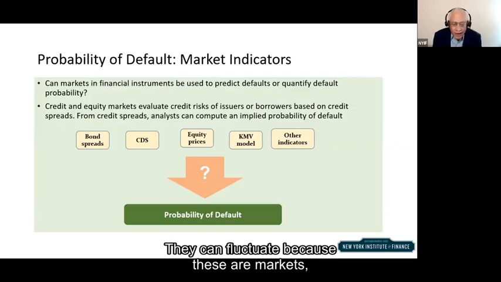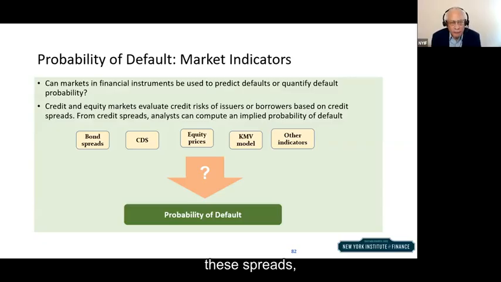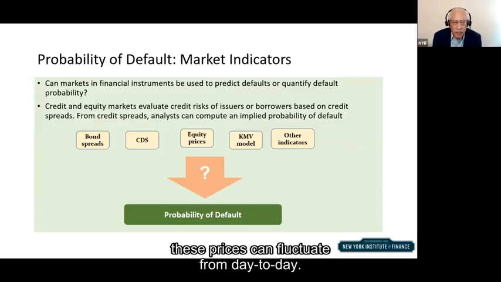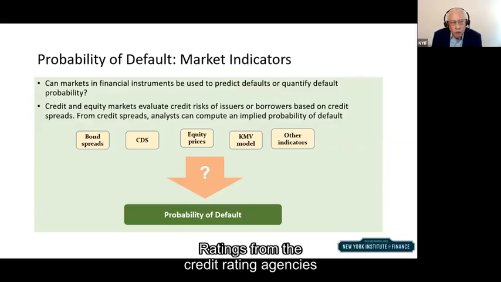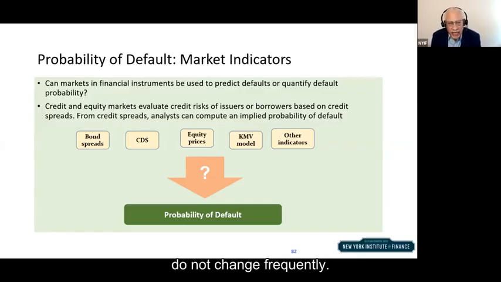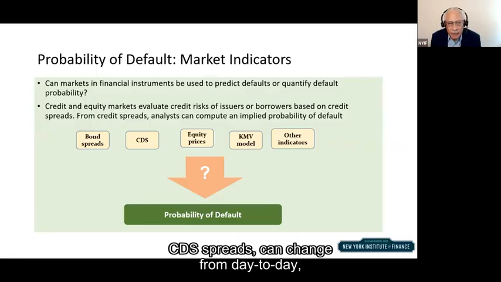And they can fluctuate because these are markets. These spreads, these prices can fluctuate from day to day. Ratings from the credit rating agencies do not change frequently. The market metrics, bond prices, CDS spreads can change from day to day.